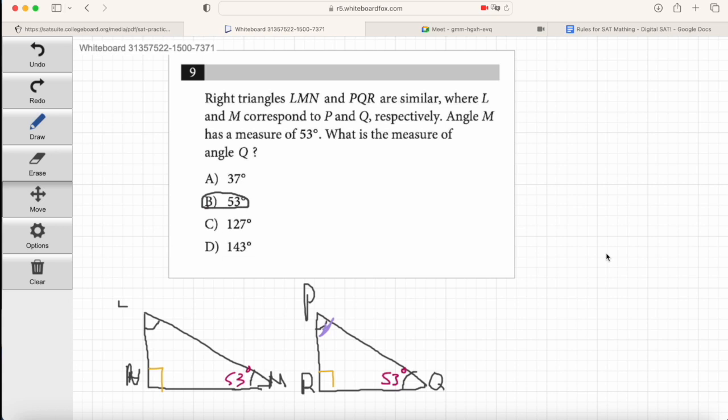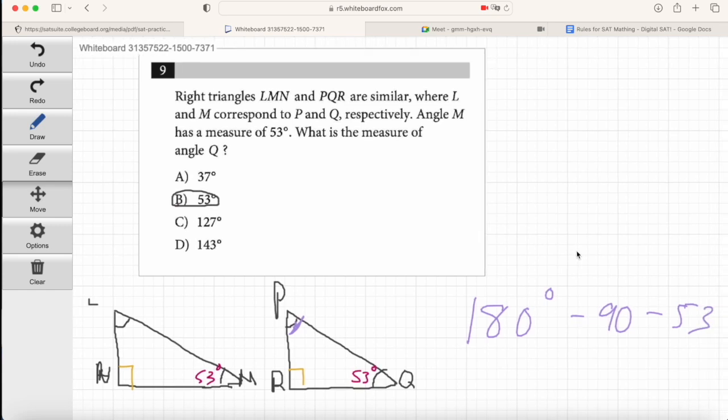Do you know? No, each triangle has 180 degrees. So if you subtract the two known angles from 180 degrees, so we could subtract 90 and 53, that would give us the remaining unknown angle, P here.